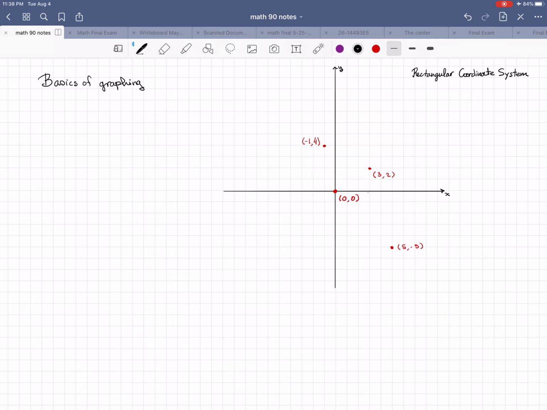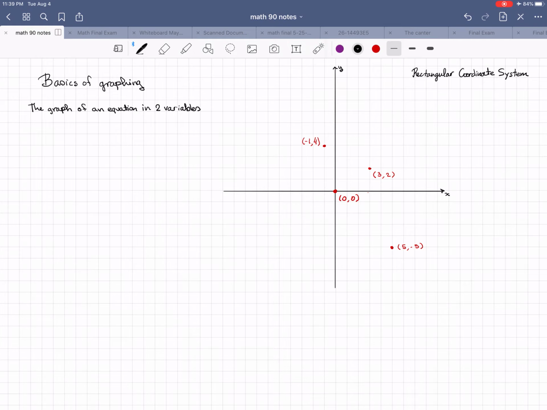So before we start really playing around with the rectangular coordinate system, I want to say the basics of graphing, kind of what is a graph. So a graph of what, right? For our purposes, we're always going to be looking at the graph of an equation. And since the rectangular coordinate system has two axes, our equations are always going to have two variables in them.